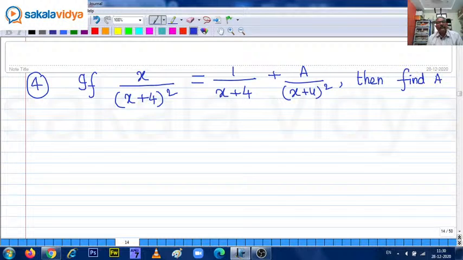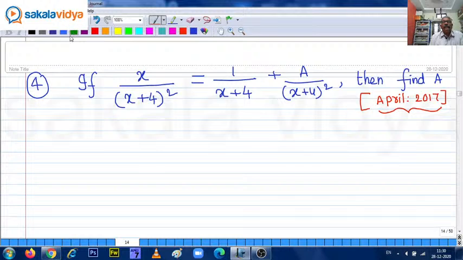So this was given April 2017. In all common examination papers this question was given. Previous examination question this is.